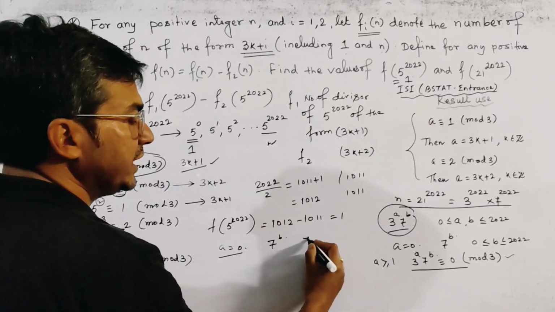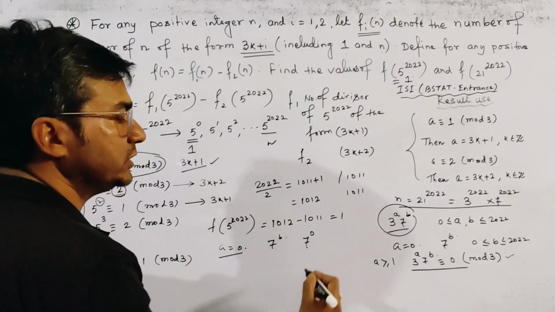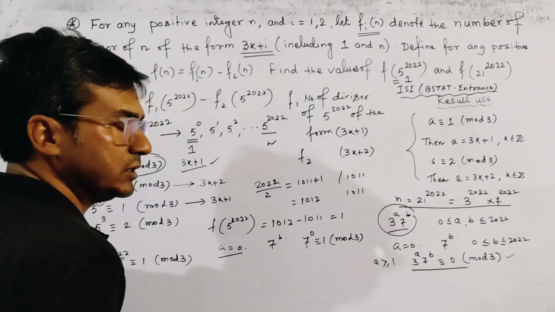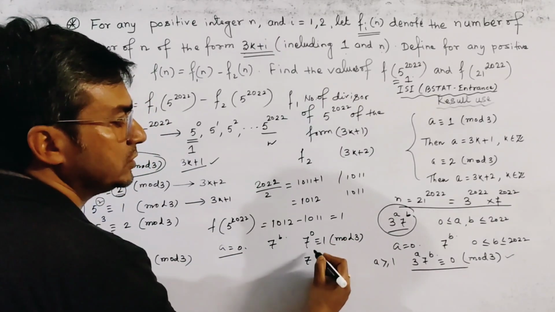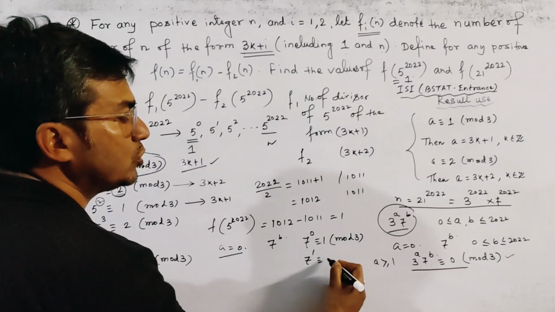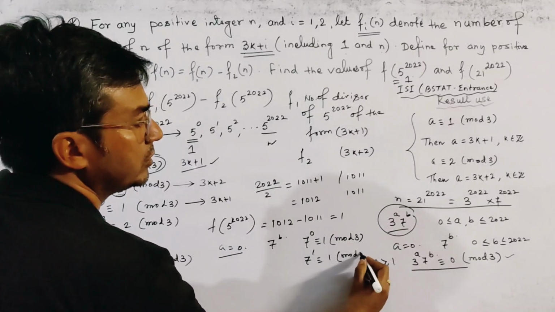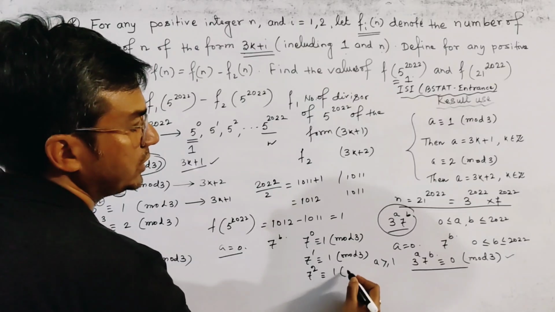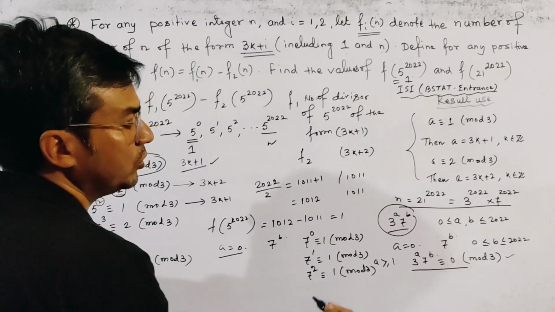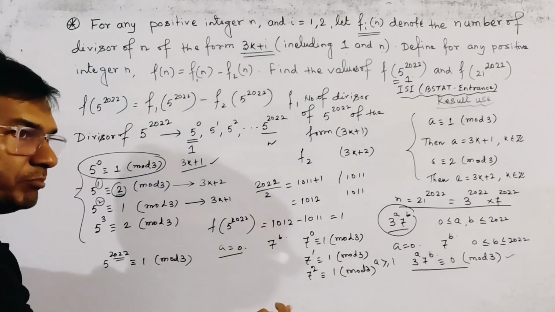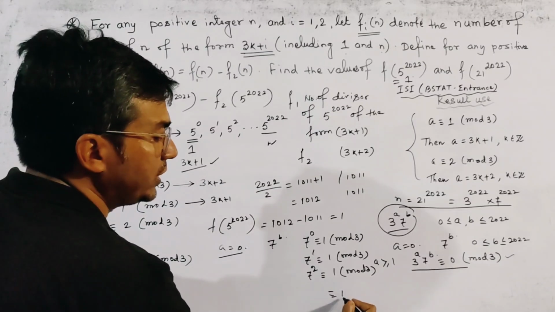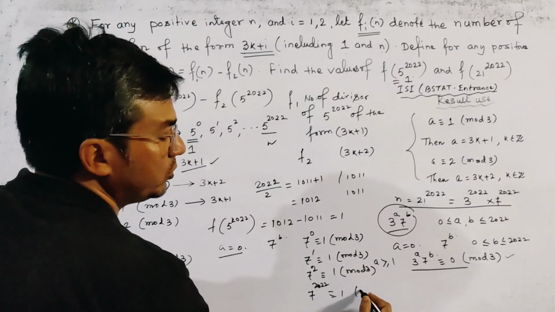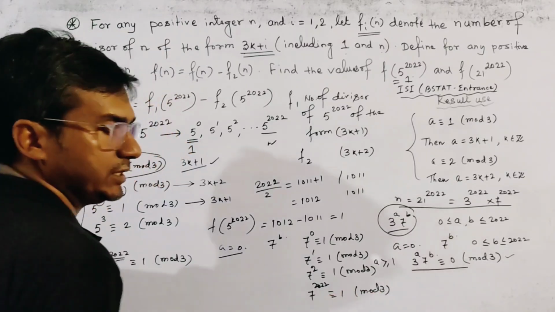Now 7 to the power 0 is congruent to 1 mod 3. 7 to the power 1 is also congruent to 1 mod 3. 7 to the power 2 is congruent to 1 mod 3. All of them leave remainder 1, up to 7 to the power 2022, when we divide by 3.